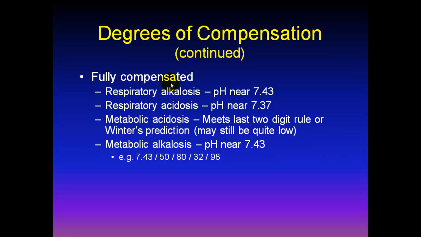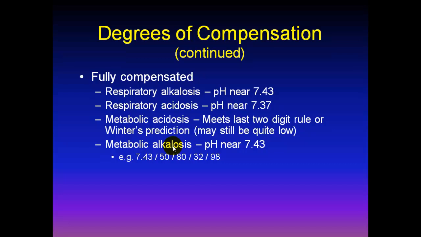So there's more degrees of compensation. There's fully compensated, which we've started to discuss. In respiratory alkalosis, when it's fully compensated, the pH is close to 7.43. It doesn't go all the way back to normal. In respiratory acidosis, the pH is 7.37. In metabolic acidosis, we already discussed how the two-digit rule is used to see if it's fully compensated.